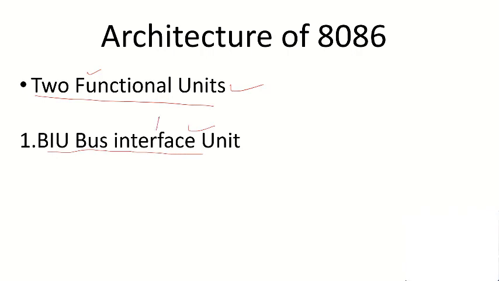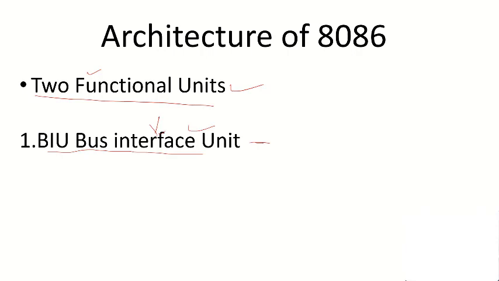As the name indicates, it provides the interface. It acts as a bridge between the processor and the outer devices, and the main function of this unit is to fetch the instruction or data from the memory.